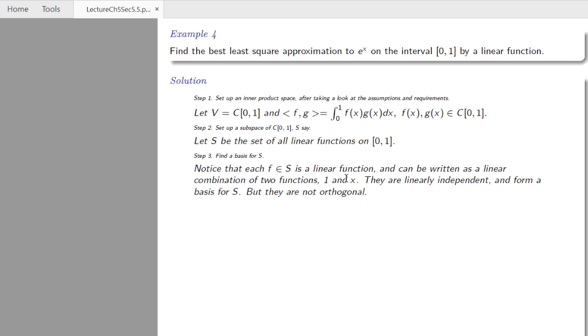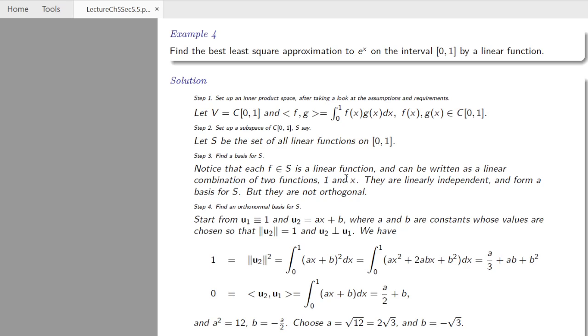So to do this, we need to make an orthonormal base for S.